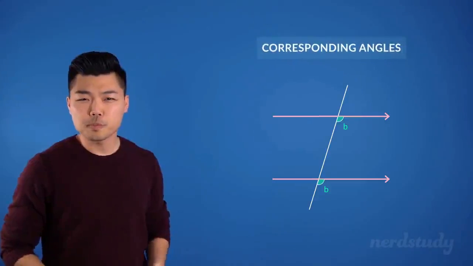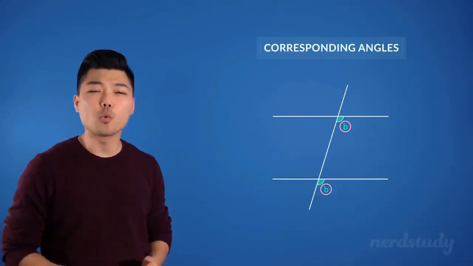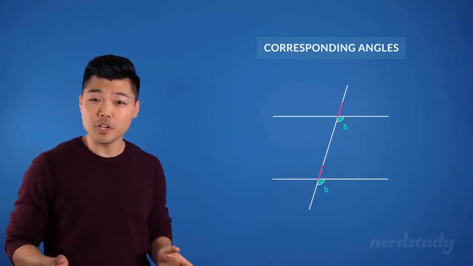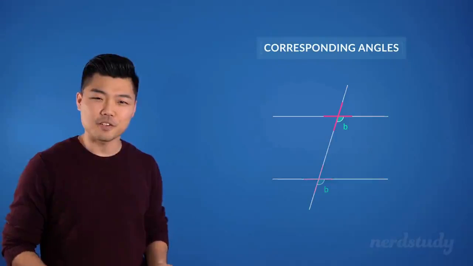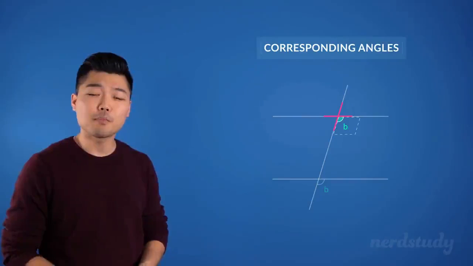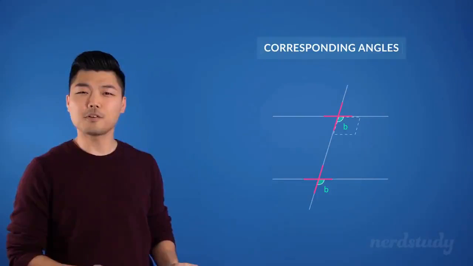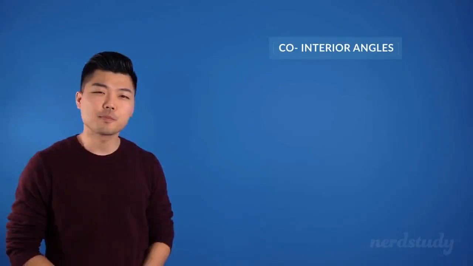These are called corresponding angles, since these angles occupy the same relative position at each intersection, where the straight line crosses the parallel lines. Notice how in this intersection, this angle is on the bottom right, and in this intersection, this angle is also on the bottom right. Lastly, we've got co-interior angles.